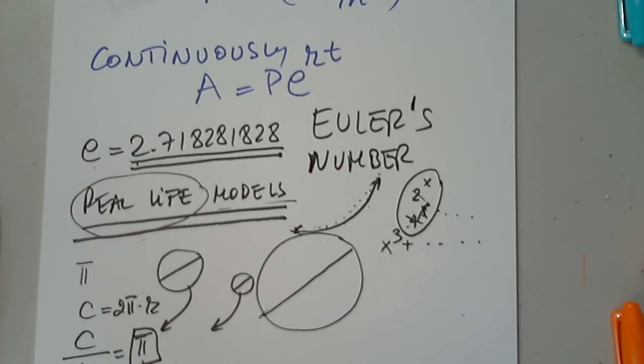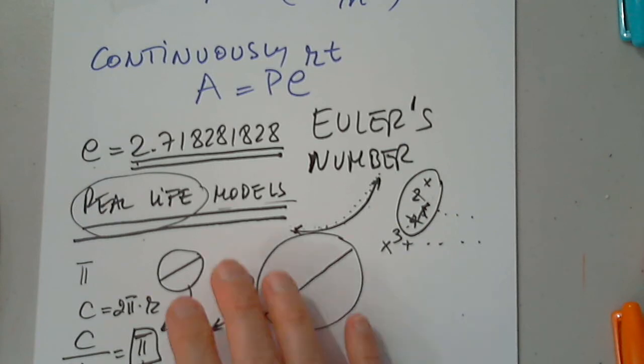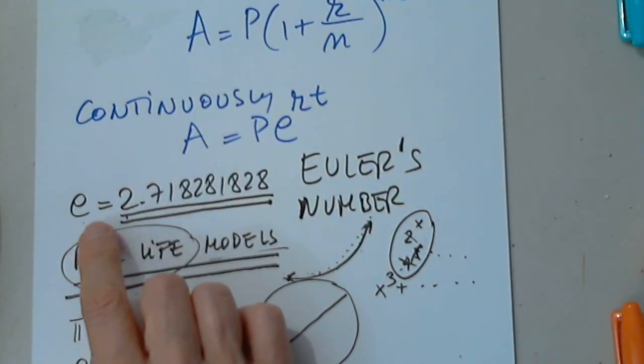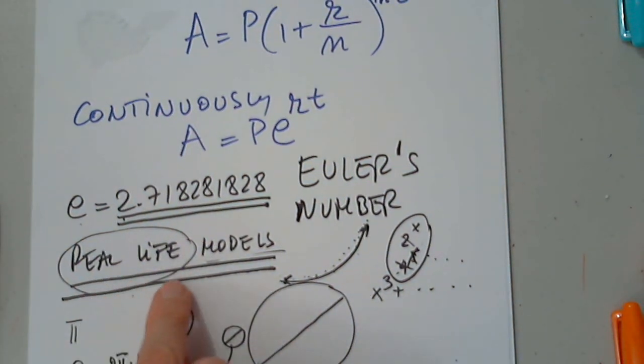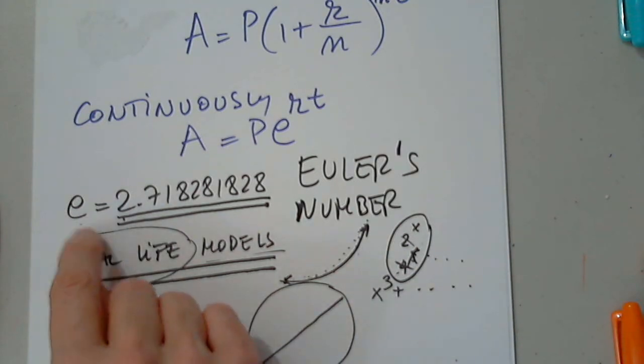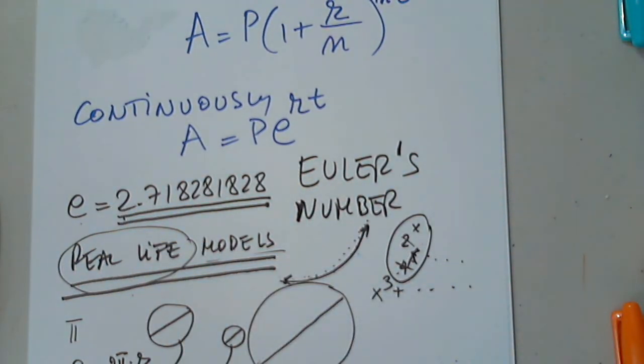They couldn't get away from it. And they said, gee, this must be important. The same thing with Euler's number. He discovered it. That's why it's a little e that stands for the first letter of his name. Very good question. Thank you. He said, this is so important because it appears in real life models all the time. So then they named it this, and now we know it represents that. Perfect question. Thank you so much.